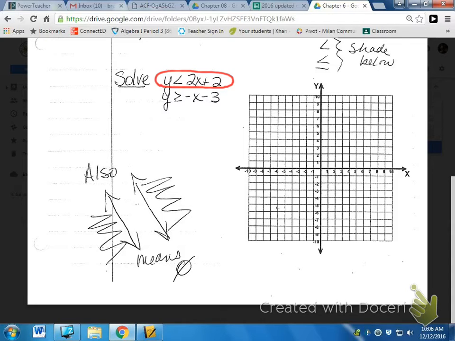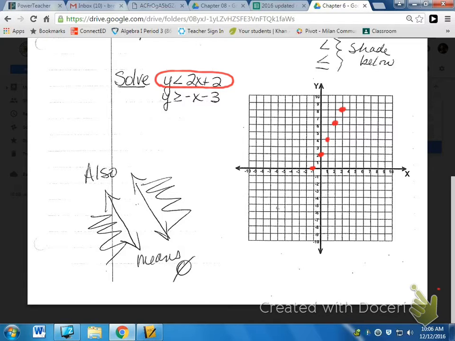I would start out on the y-axis at positive 2. And I look at the slope, it's positive 2, so that means 2 over 1. Rise 2, run 1. I might do a couple of those just to make sure that I've got my line pretty accurate. And I can even fall 2 and go left 1 to make sure that it's pretty accurate.